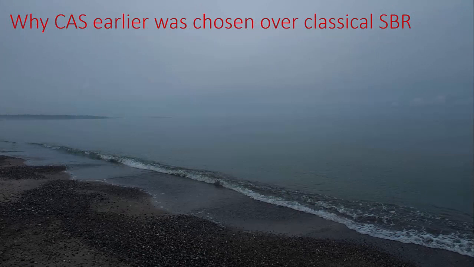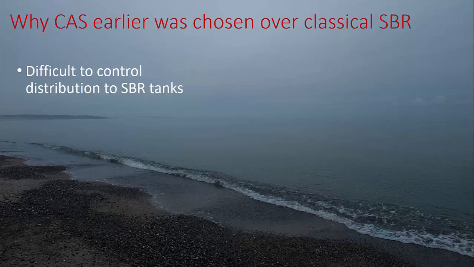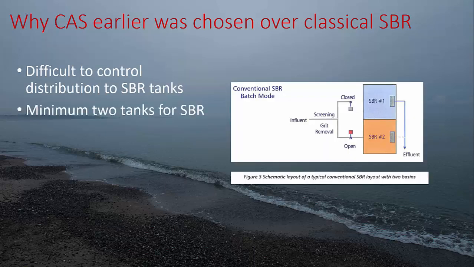Why was the CAS system favored over the SBR system when it started with biological treatment? It was difficult to control the distribution to the SBR tanks. The reason for that you can see here, because when you filled one tank up, you need to have a second one to take the sewage coming in.